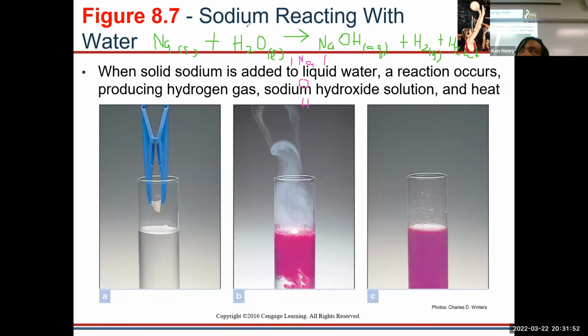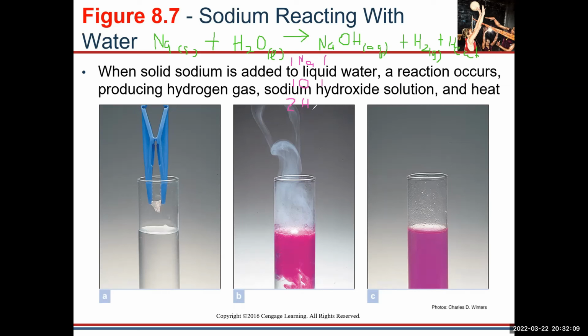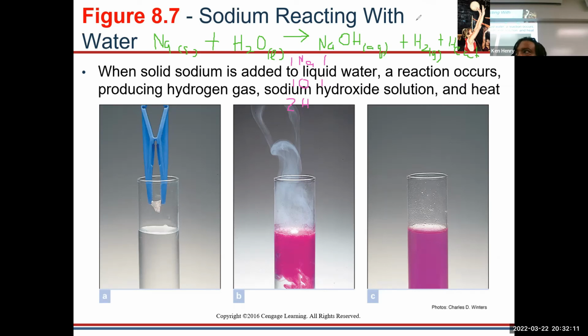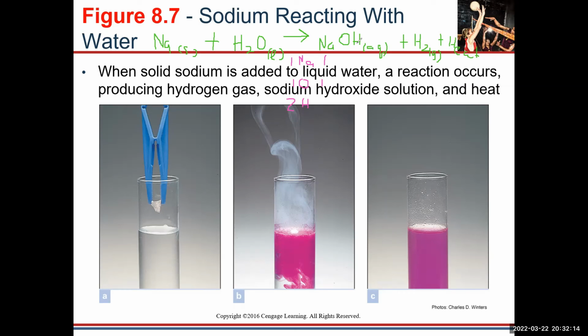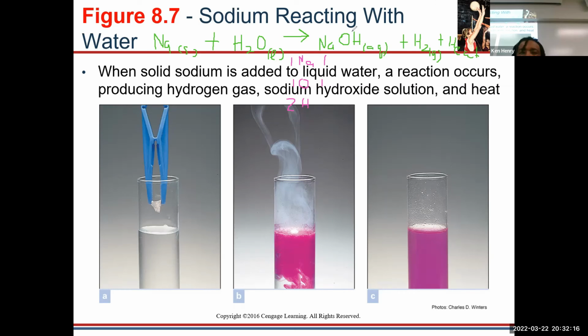On my reactant side, how many oxygens do I have? 1. And on my product side, how many oxygens do I have? 1. On my reactant side, how many hydrogens do I have? 2. And on my product side, how many hydrogens do I have? I have 2 here, I have 1 here, 3. And this says heat, so don't mistake that for hydrogen.